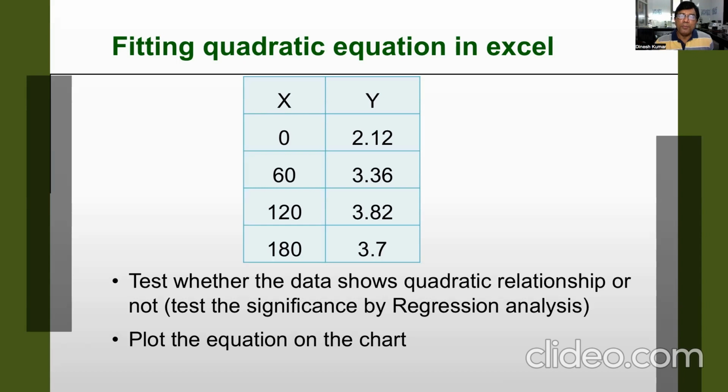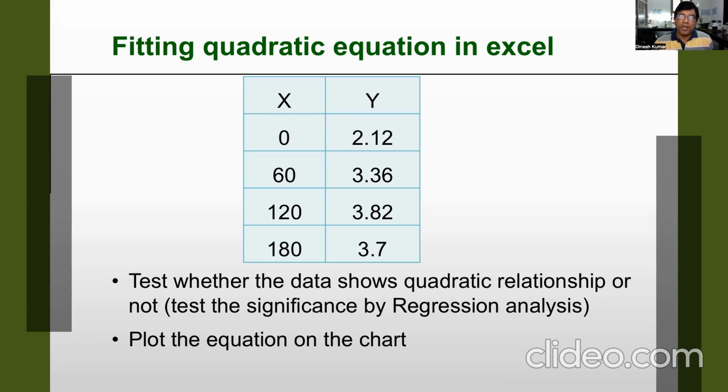And then you computed the value of A, B, and C. And then you put those values in the equation, and you fitted the data and you found out the equation. Then you tested it for significance. You used F-test, and then you declared whether it is significant or not. So same thing can be done in Excel also.